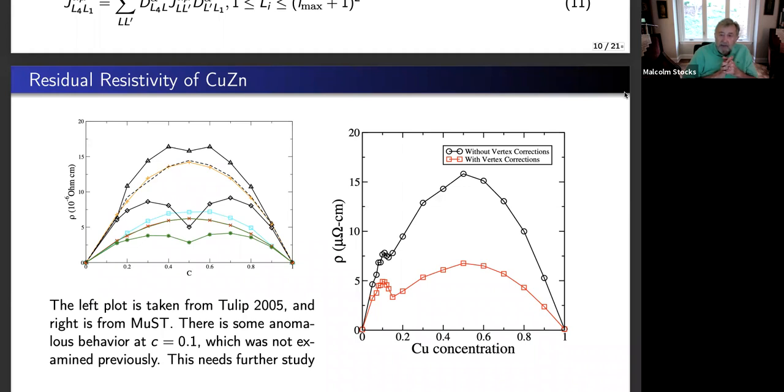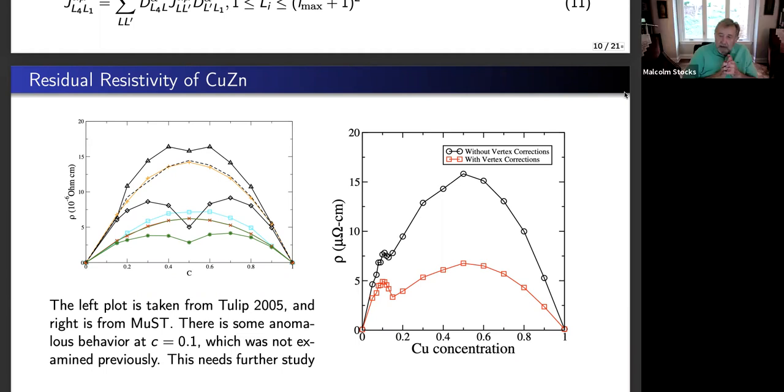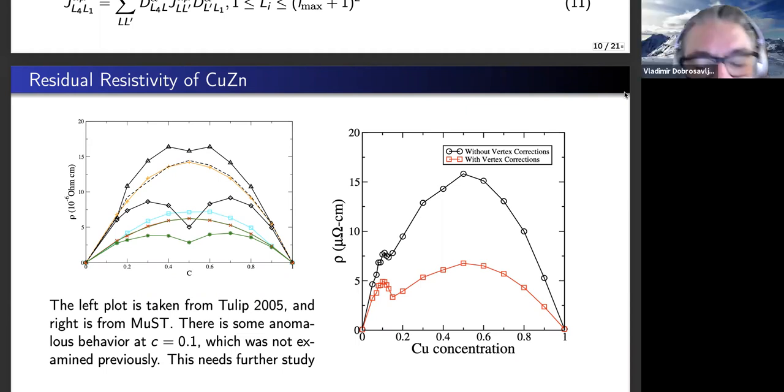It's when the Fermi energy falls in the SP bands that those vertex corrections are a substantial fraction of the overall scattering. Or maybe we can return to that later.